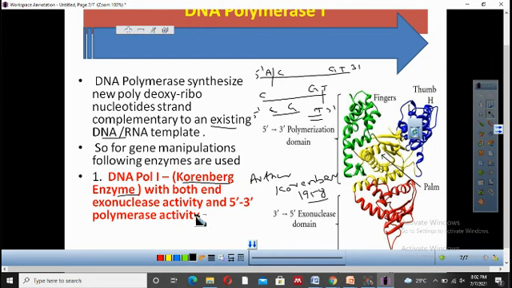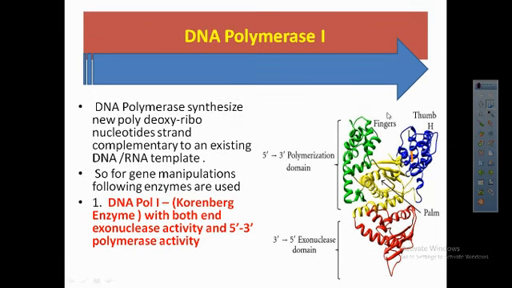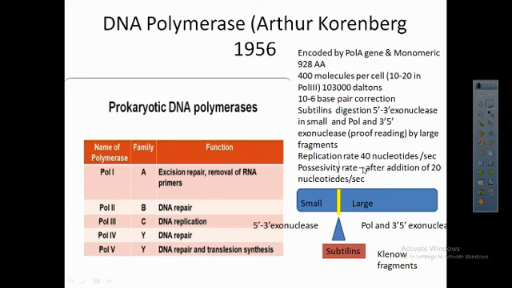So it possesses both activities, that is, exonuclease from the 5 prime end and exonuclease from the 3 prime end. And besides that, it also has the 5 prime to 3 prime polymerase activity. It is a hand-like structure. So when Arthur Kornberg discovered this enzyme, what are some of the important facts?